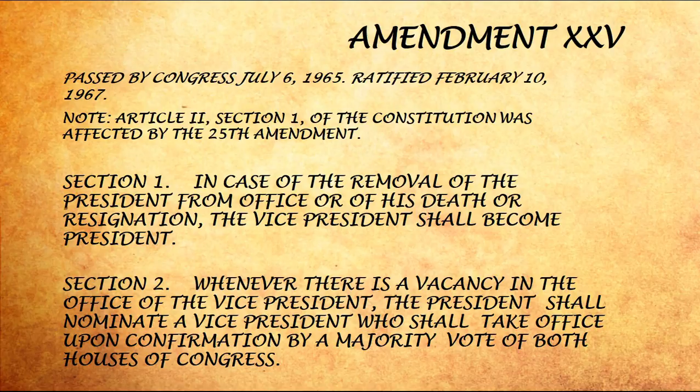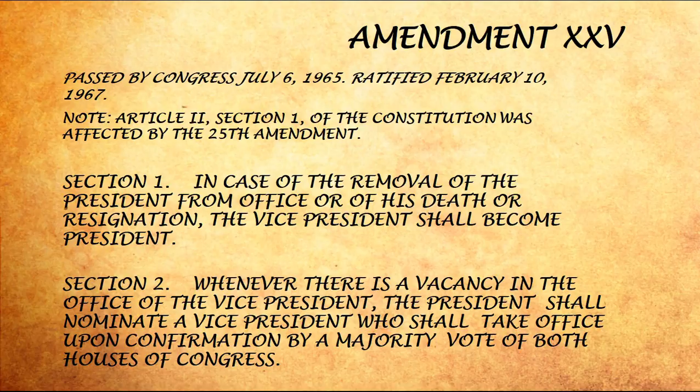The 25th Amendment, passed by Congress July 6, 1965, and ratified February 10, 1967. Note, Article 2, Section 1 of the Constitution was affected by the 25th Amendment. Section 1. In case of the removal of the President from office or of his death or resignation, the Vice President shall become President. Section 2.